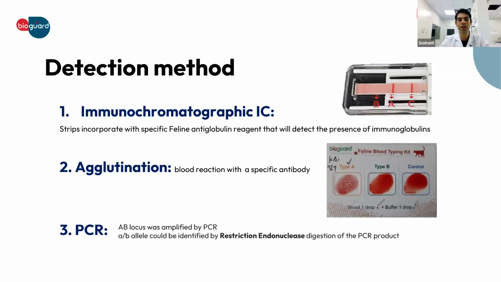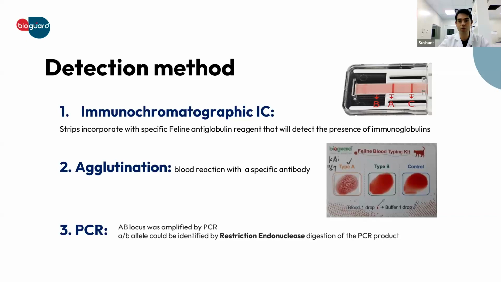These strips are usually incorporated with feline antiglobulin agents, which react with the immunoglobulins present in the blood, right? So this is a very simple technique, also used in different kinds of rapid tests. It's the antigen-antibody sandwich technique. This is very common as well.